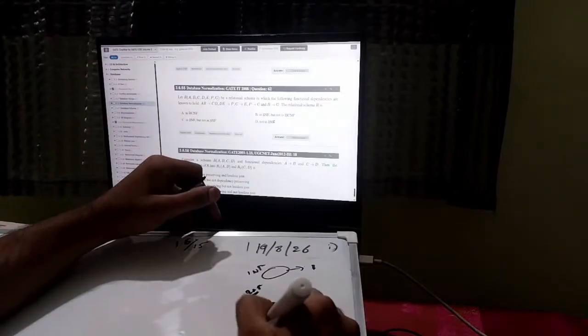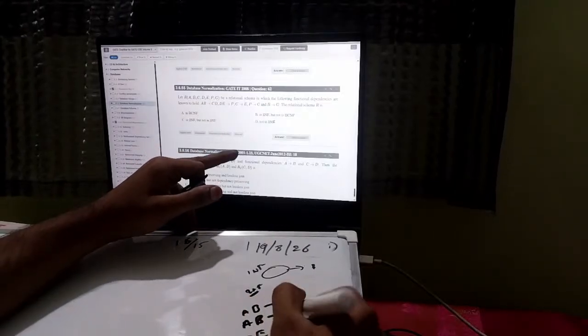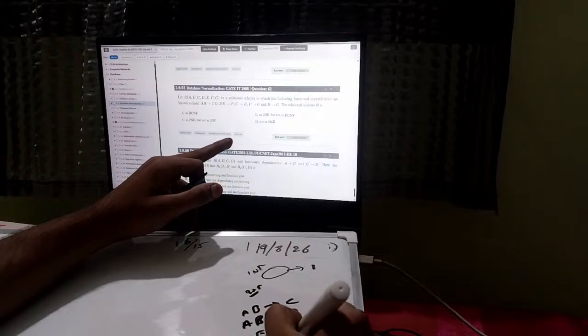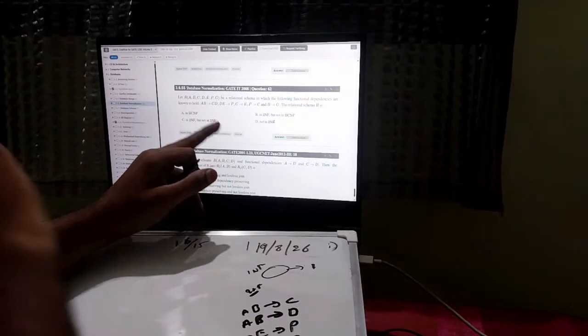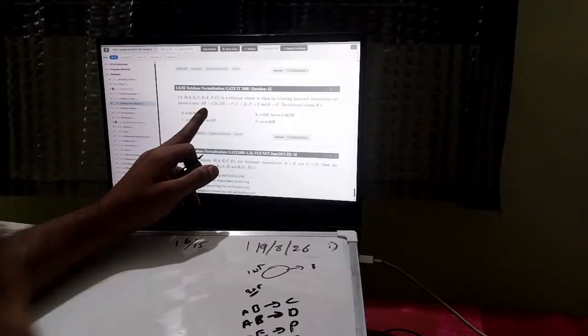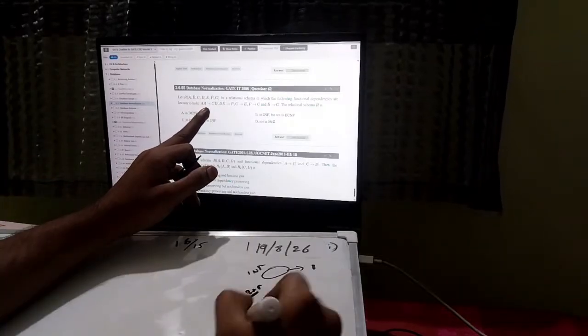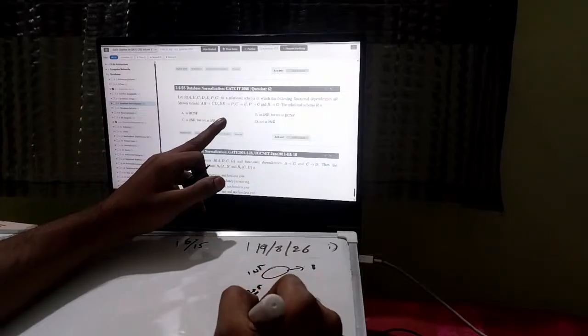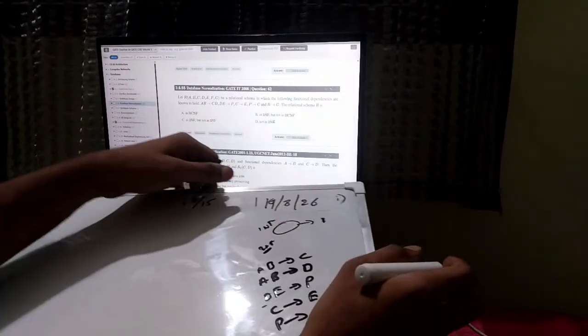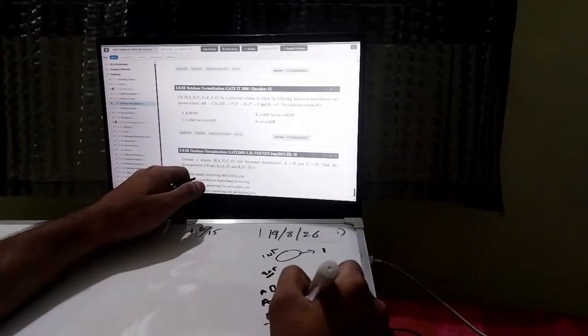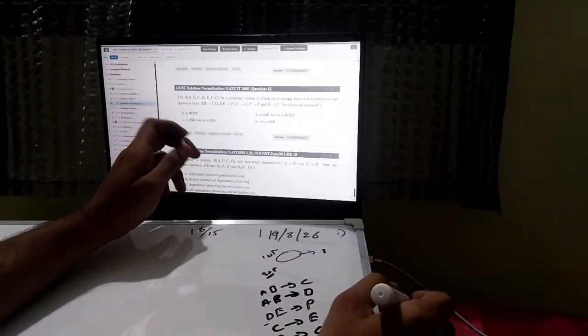So D tends to P and C tends to E. Okay, we don't need to write anything, right? So is there any subset of this that can derive P?